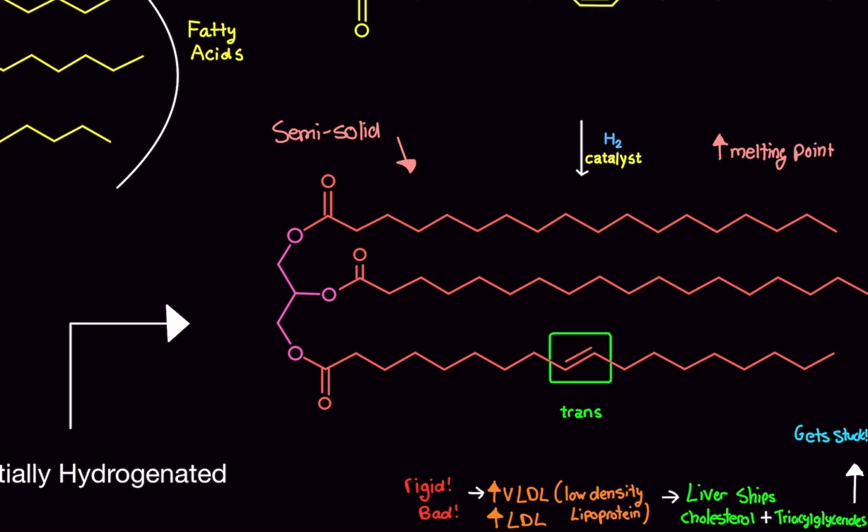When you consume trans fats, they go in your body and get absorbed. Your liver is going to produce something called very low density lipoproteins. This is basically a vesicle to transport cholesterol and other fats around the body. Let's think about this. Why do we need cholesterol throughout our body?